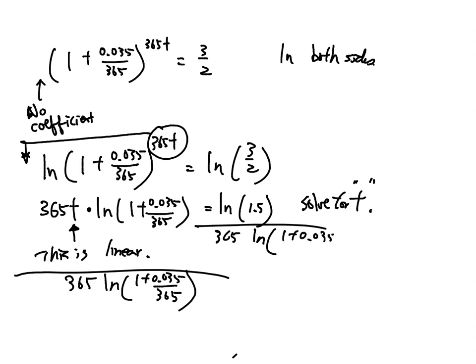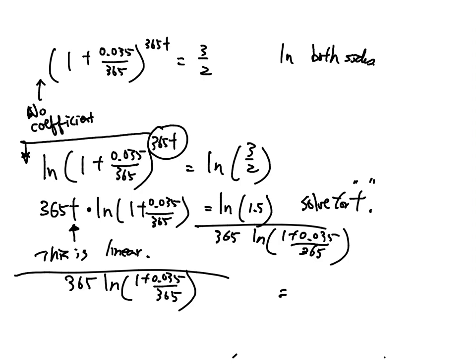Okay, 5 over 365. So now let's see what happens here. You have natural log of 1.5 divided by 365 times natural log of 1 plus 0.035 over 365.